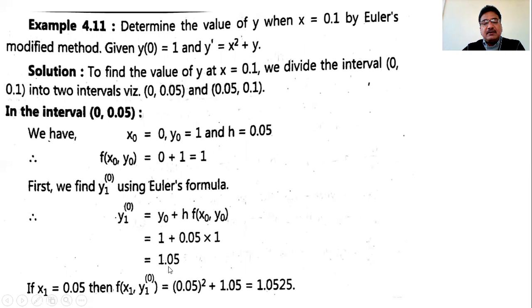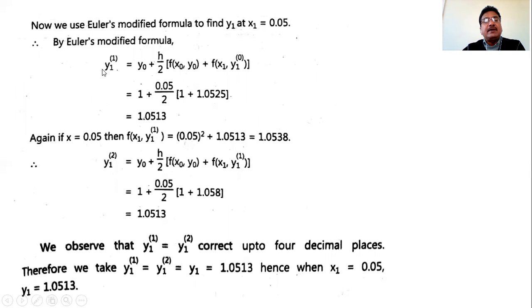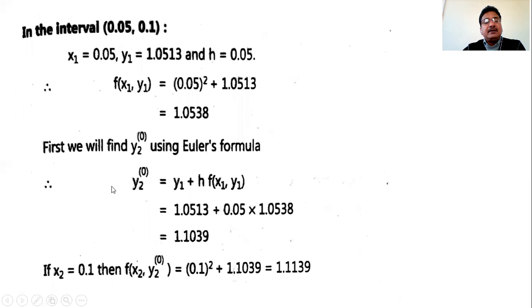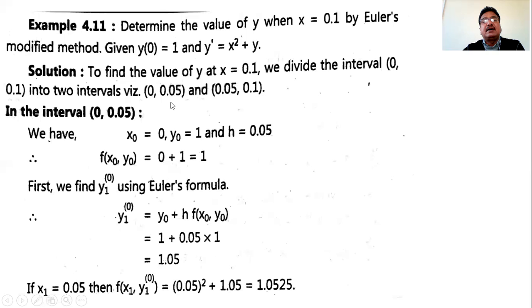First find y1, just say y1 0, and then finalize y1 by finding y1 1, y1 2, and then the final y1. Then find y2 0, y2 by using the same Euler's method. Just say it is y2 0. This is y2. Actually, this is y2 in Euler's method. So solve this same problem by Euler's method. Then we will see the change in Euler's method and Euler's modified method.